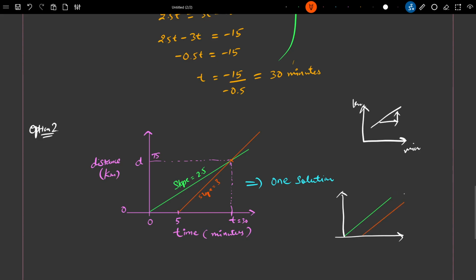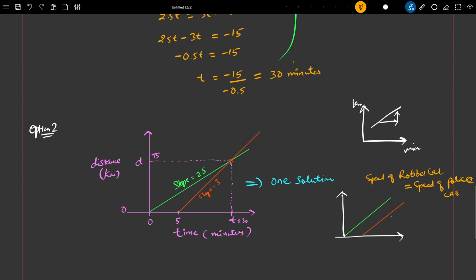What this scenario means is that the speed of our car equals the speed of the police car.